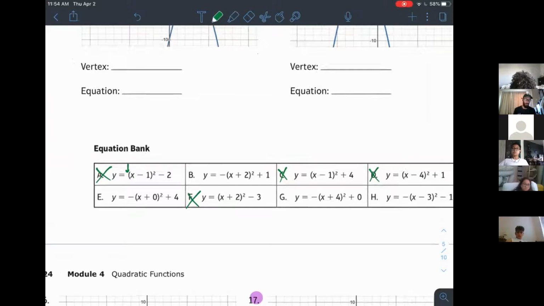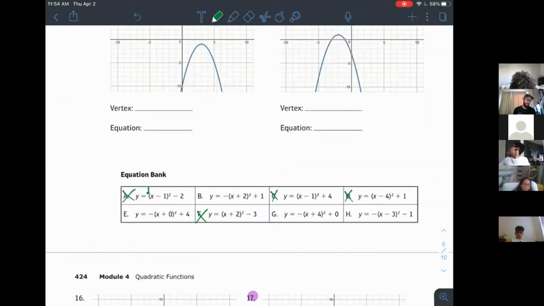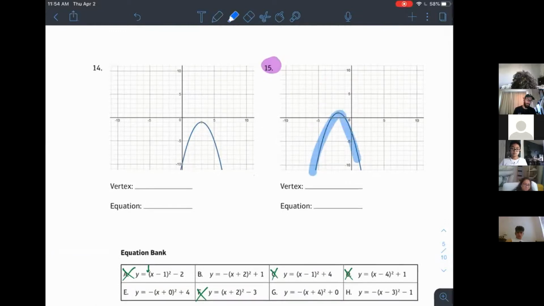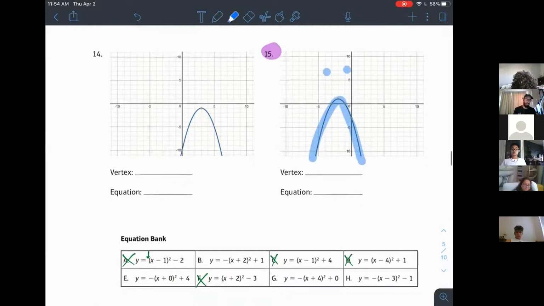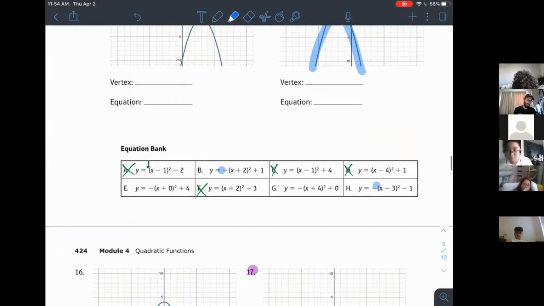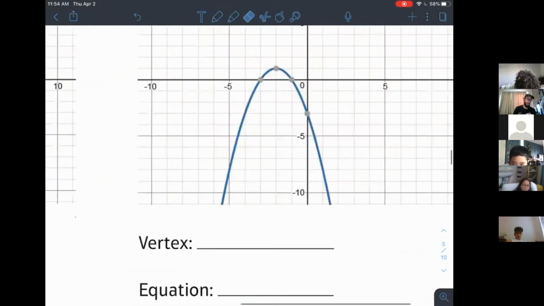And E is good. And why are B, E, G, and H good? Because this is a negative parabola, so they all have to be equations with negatives in front, reflecting downwards. Great call, Francis. I could also describe this thing by its vertex, by its x-intercepts, or by its y-intercept.